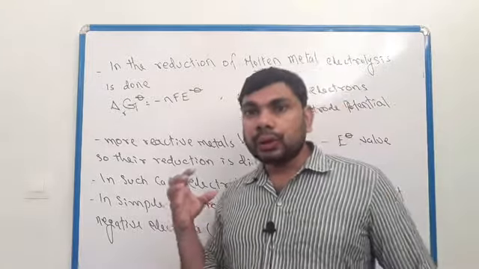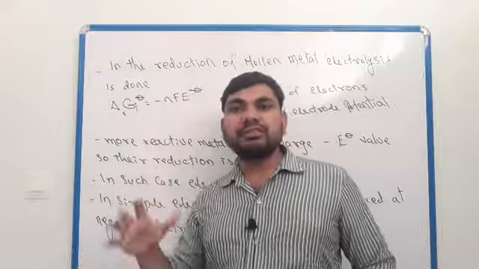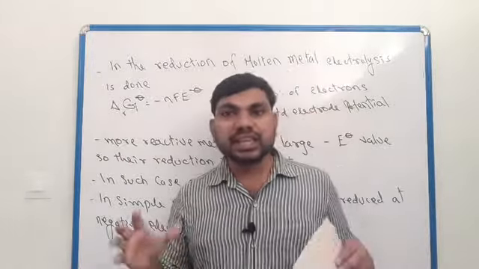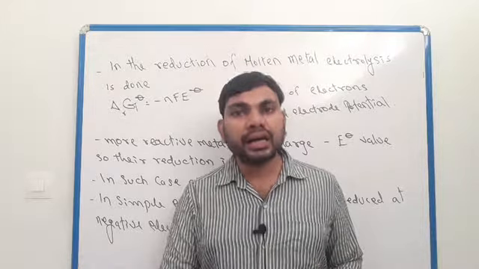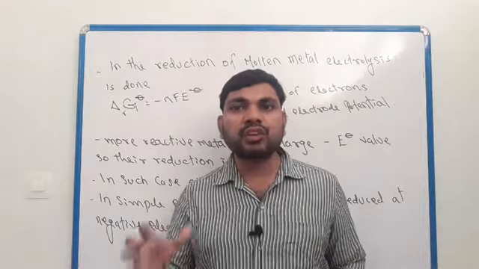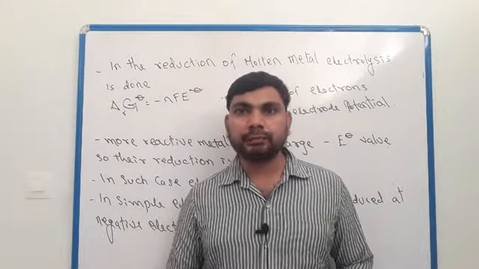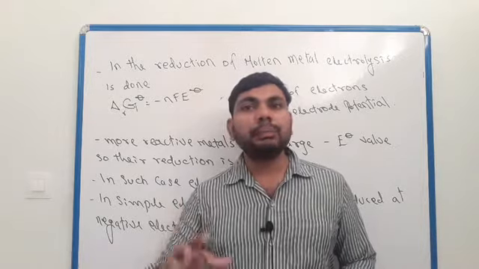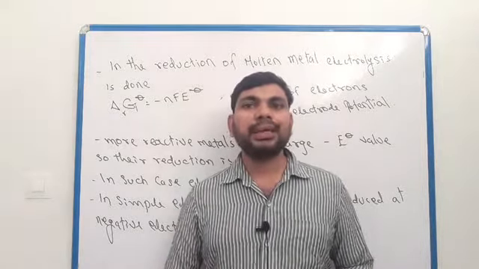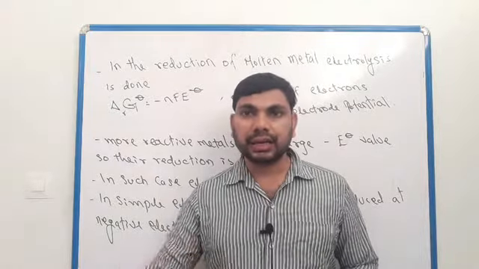Highly reactive metals at the top of the reactivity series are highly reactive and reduction of their oxides is highly difficult, so we use electrolysis of the molten compound, and the metal ion will be reduced at the negative electrode, meaning the cathode.